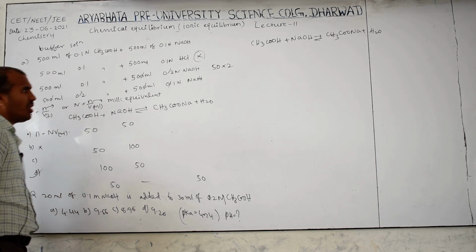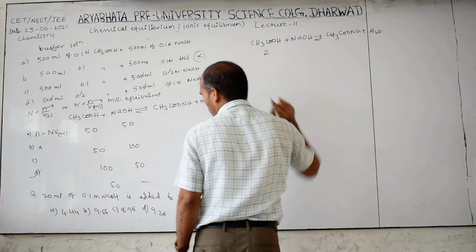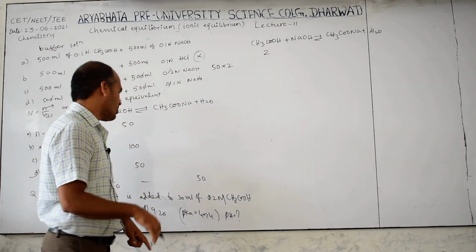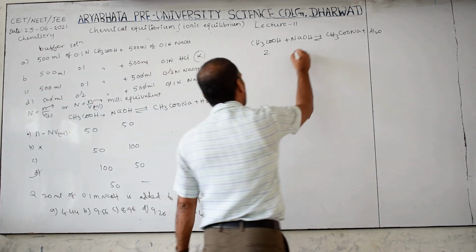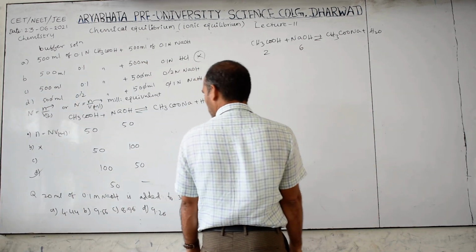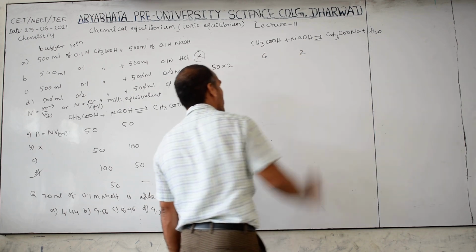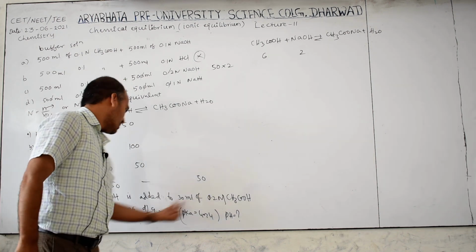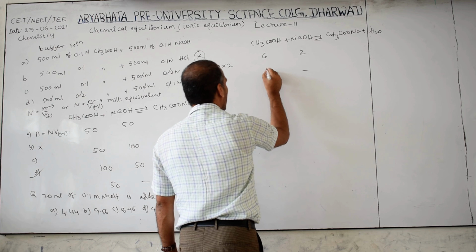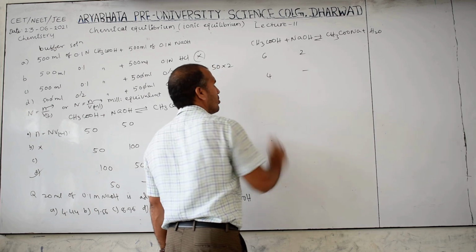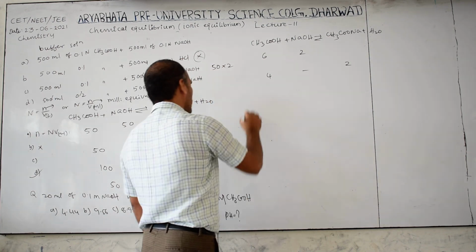First, molarity is given, so we can calculate the millimoles. NaOH: 20 into 0.1 is 2. Acetic acid: 30 into 0.2 is 6 millimoles. Which is the limiting reagent? NaOH. So here 6 minus 2 is 4 left, and 2 is formed.